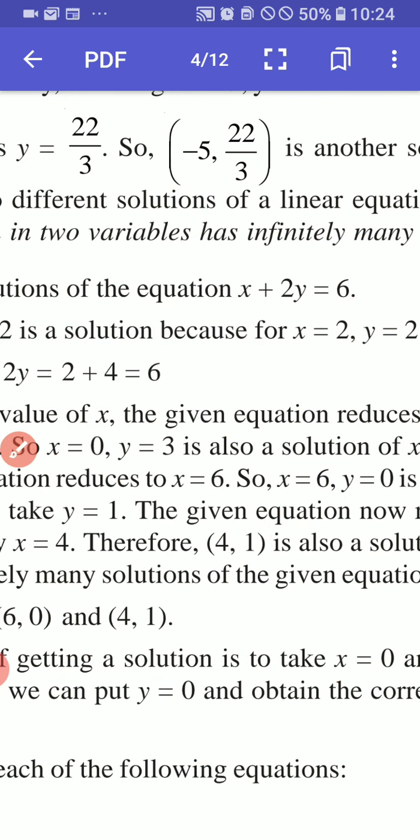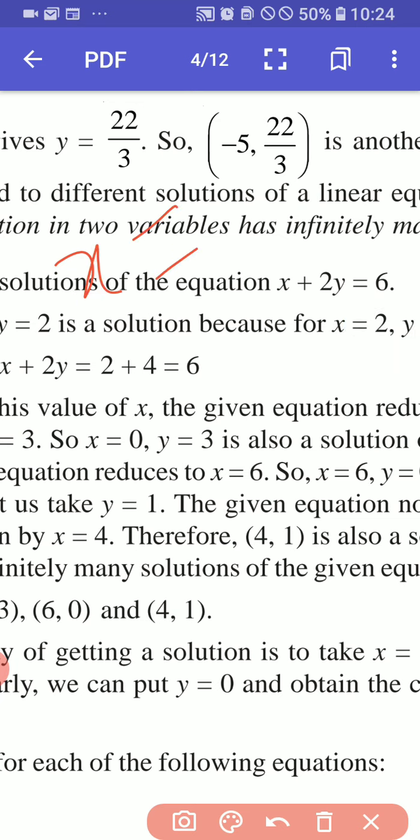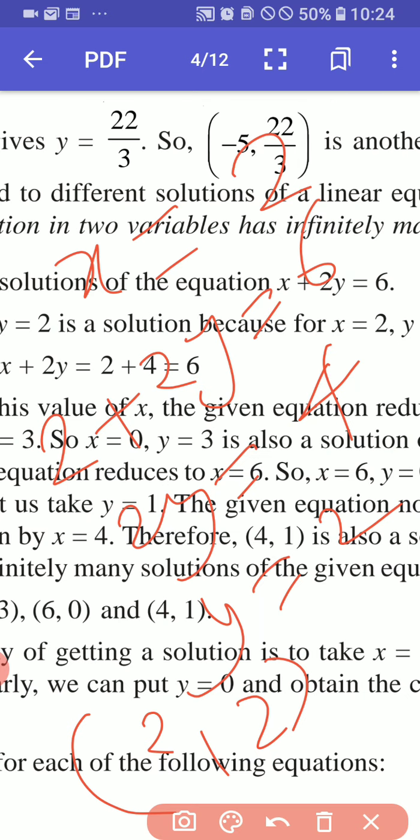That is why I am putting x equal to 2. Therefore 2 plus 2y equal to 6, 2y equal to 6 minus 2 equal to 4, and y equal to 2. Hence 2 comma 2 is one more solution of the given linear equation.